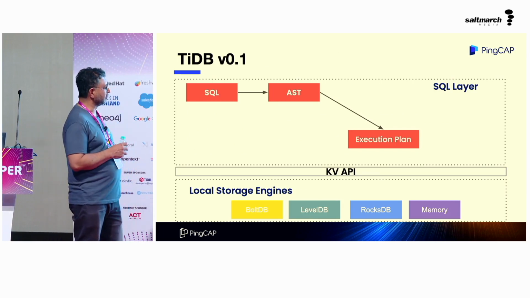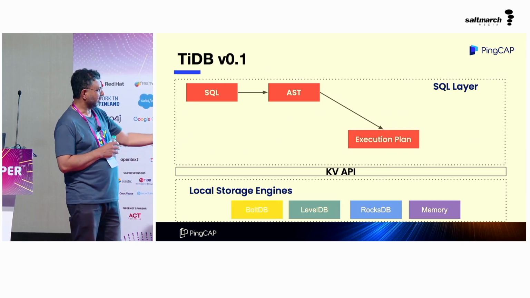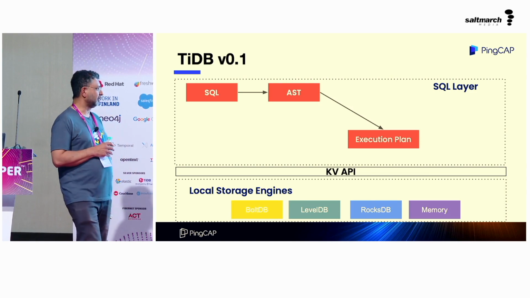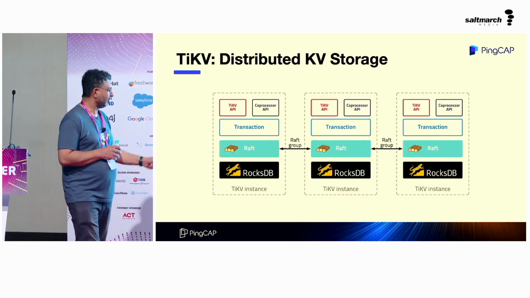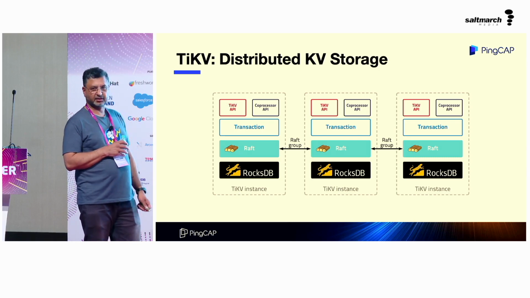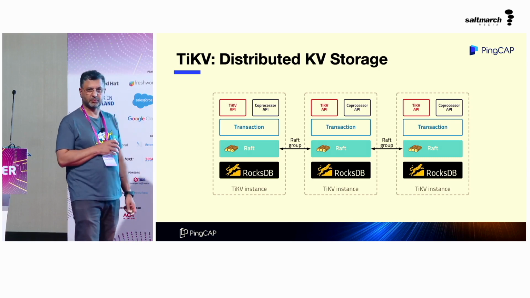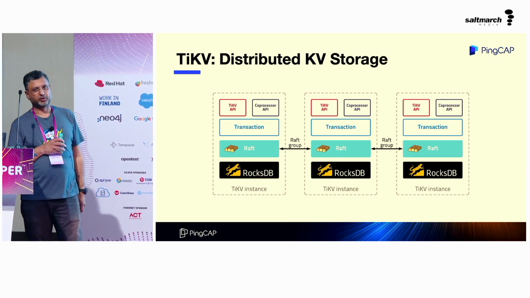We initially wrote a simple SQL parser and optimizer. 0.1, it didn't go too far. Then we settled on RocksDB as a storage engine, and we layered a Raft consensus protocol on top of it. So this eventually became what's called TiKV, the distributed storage engine.